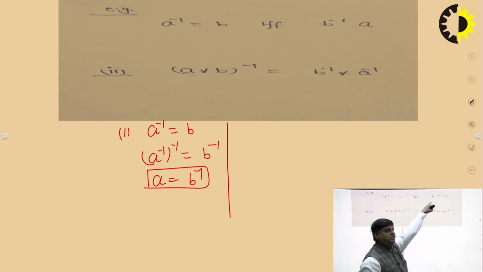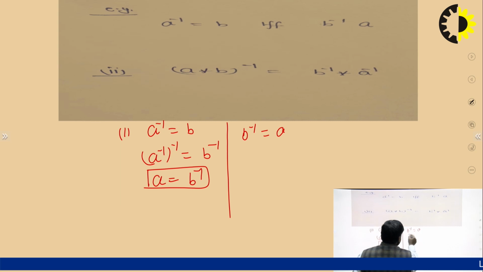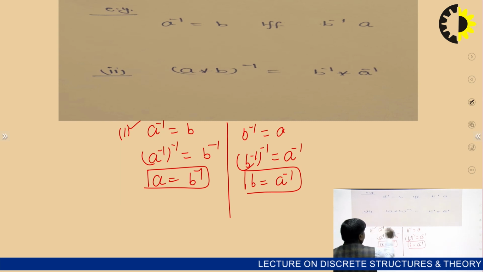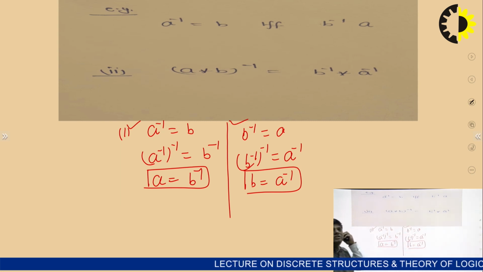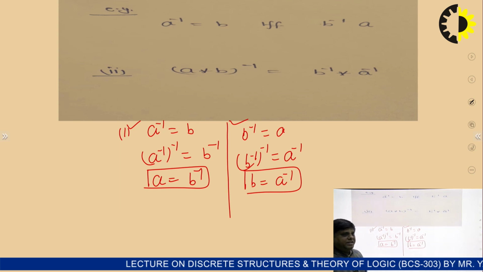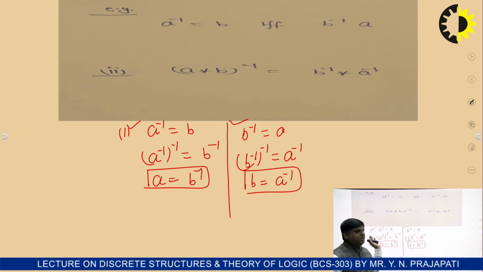Now we check the other example, B inverse equals A, same procedure. We simply take the inverse of B inverse, that is A inverse. This is also a most important, very simple property of the group. We can prove this one and this one.